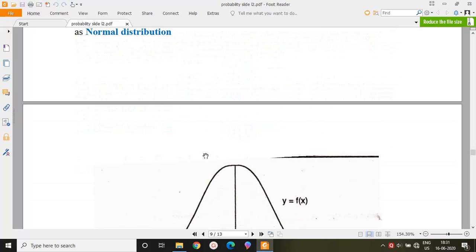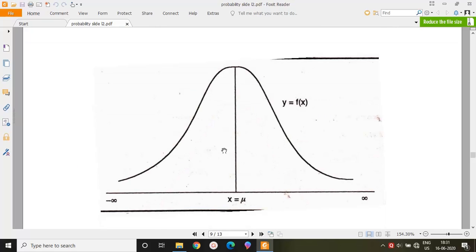Let us show you the graphs. What kind of graphs are you going to get for Gaussian distributions? Gaussian distributions are widely studied because many of the probability distributions in our day-to-day life, even in biological and economic cases, are of normal or Gaussian distribution type.